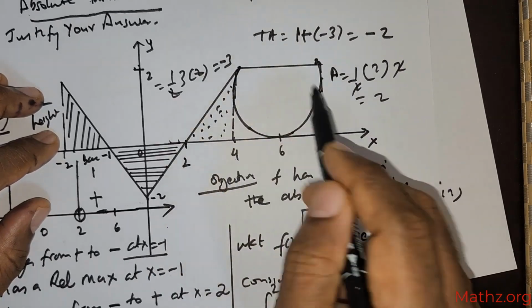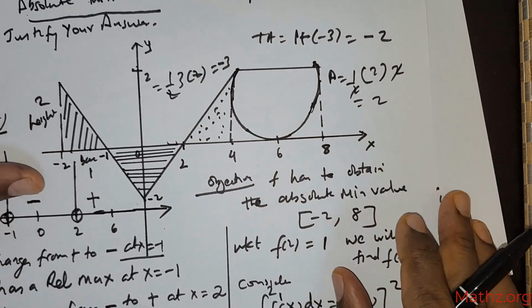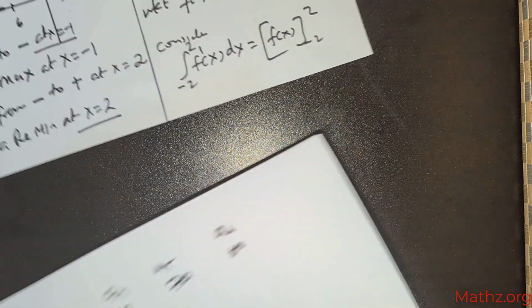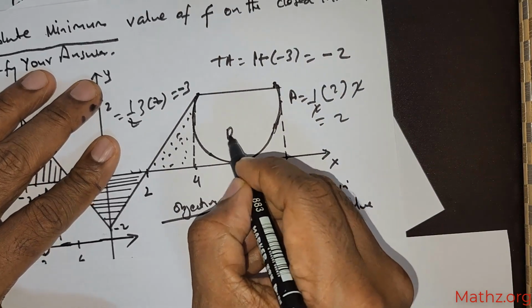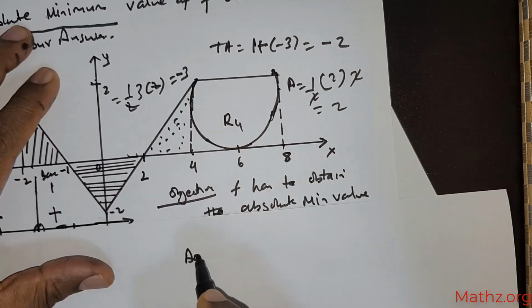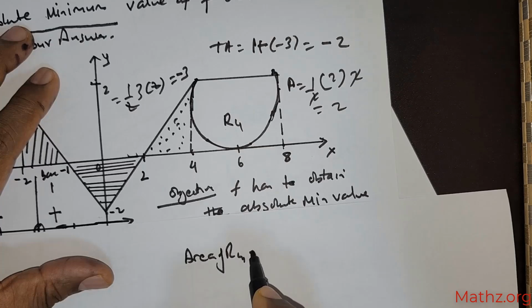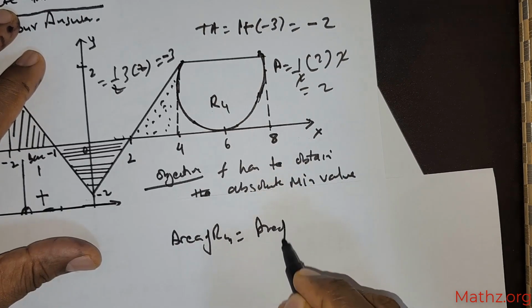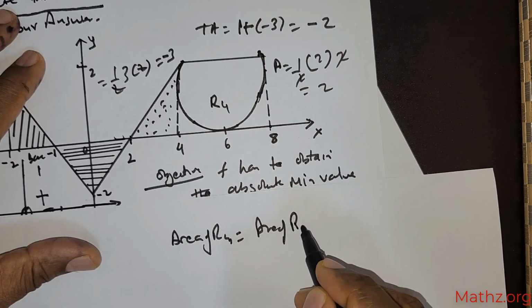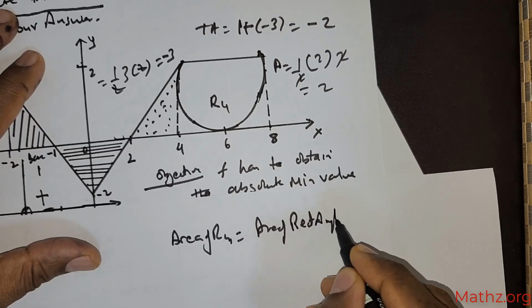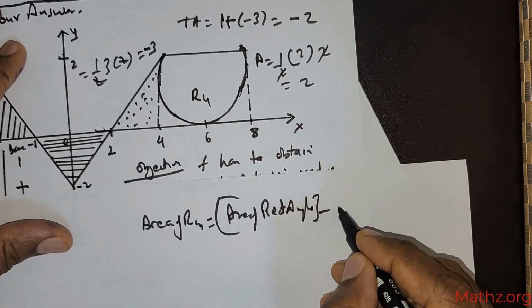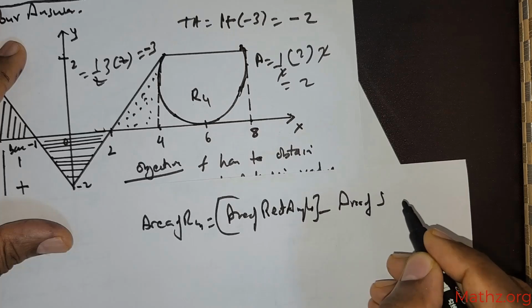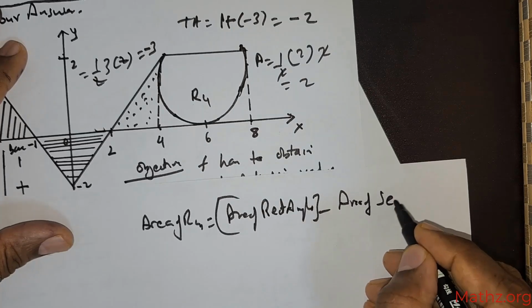So let me write that down here. Say region 4, area of R4 is equal to the area of the rectangle minus the area of the semicircle.